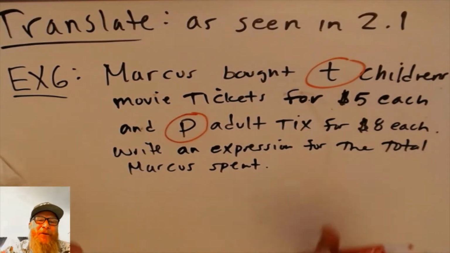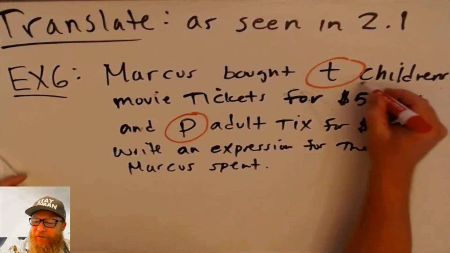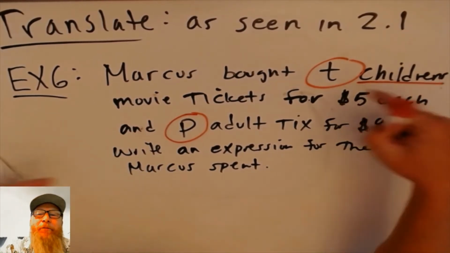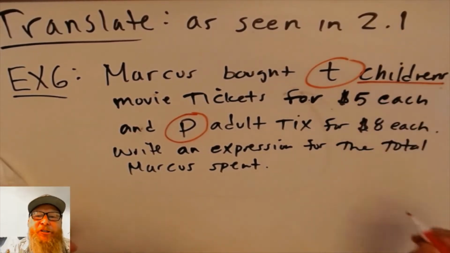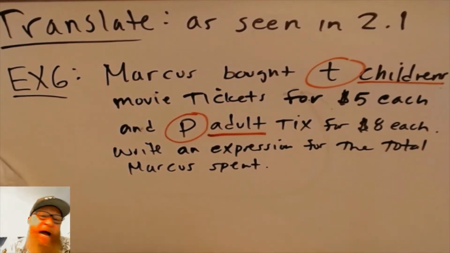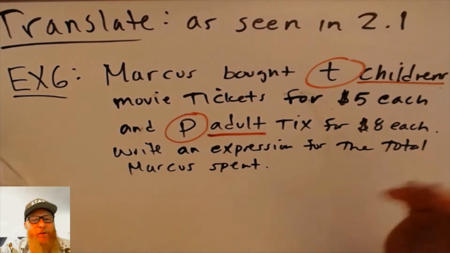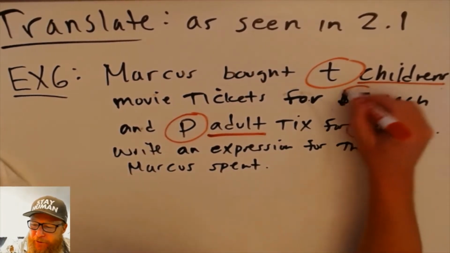But at some point in this class, I'm not going to be picking what you have, right? You got to grow up and mathematically grow up and choose your own adventure, right? Or choose your own variable. So honestly, I probably would have used C for children and A for adult. That's what I would have picked, but I didn't. I picked P and T because I just want you to deal with the variables that I'm choosing for you.